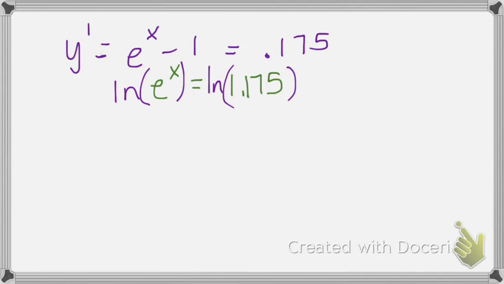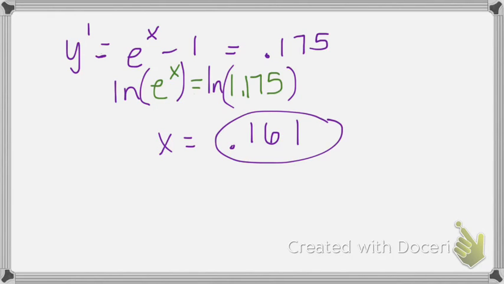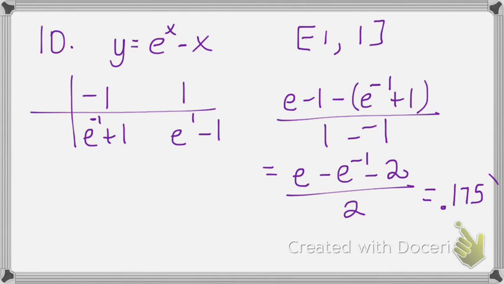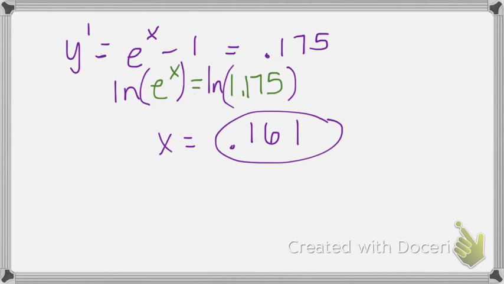When you do natural log of e to the x, that's just x. So when I do natural log of that answer, you get 0.161. At this value, the slope is going to equal the slope that I got here. So you start by finding the slope of the secant line. You find the derivative, set it equal to the slope of the secant line, and then solve for x. I wanted to do this one so you could see this process of how to solve.